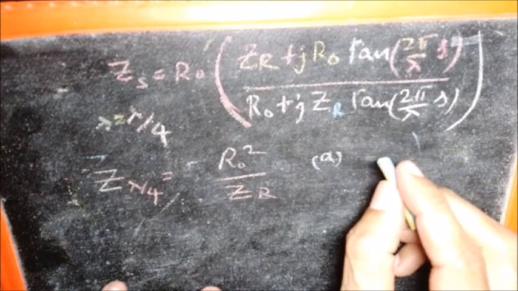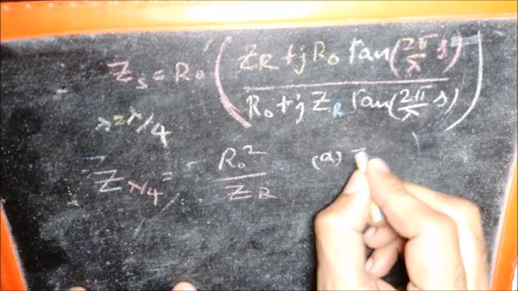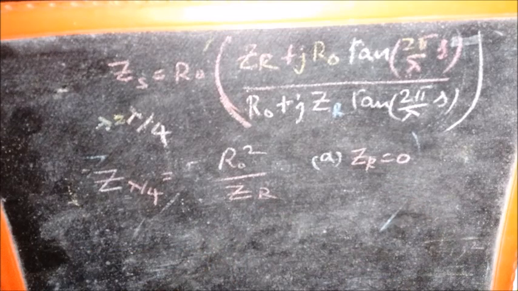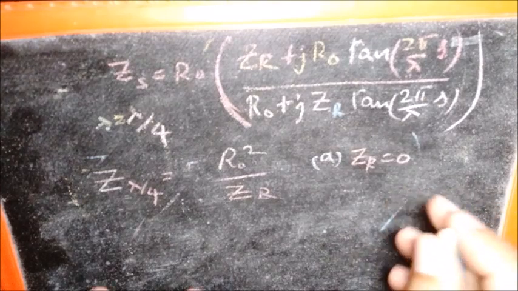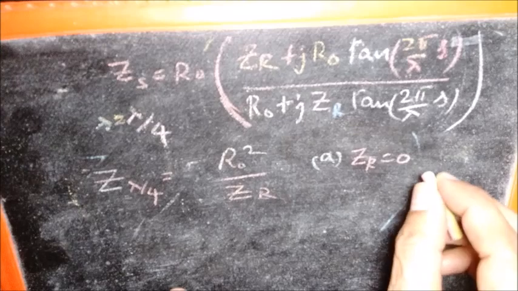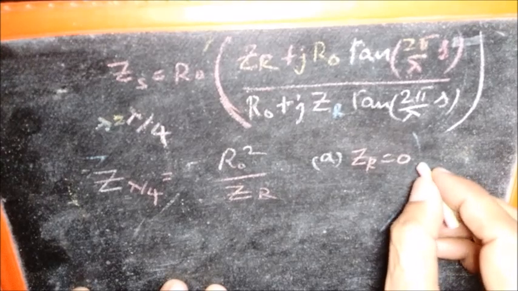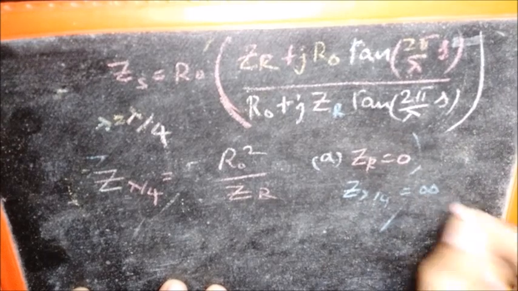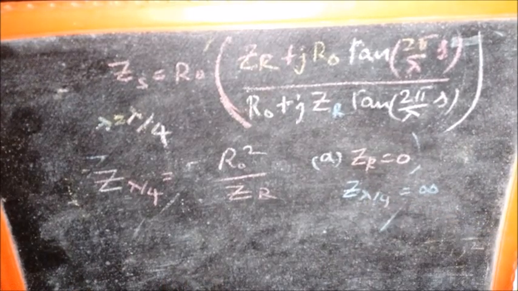So in the extreme, if ZR is equal to 0, that means load impedance is 0, which means the transmission line is short circuited. When the lambda by 4 transmission line is short circuited, we will have Z lambda by 4 equal to infinity.